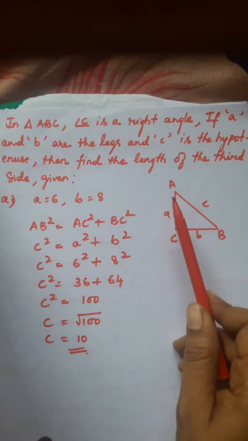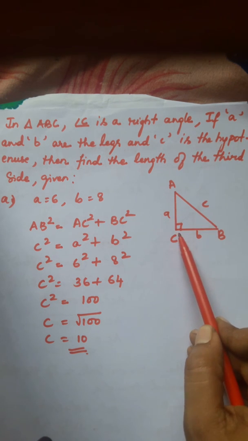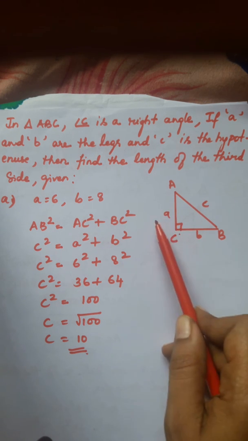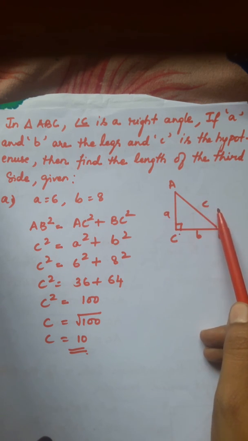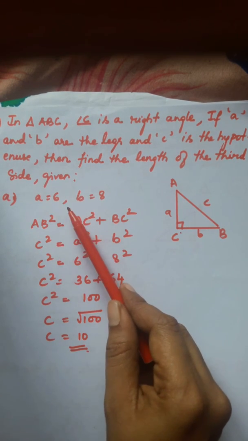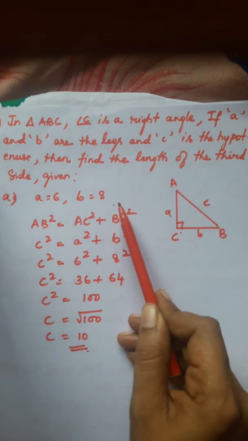In triangle ABC, angle C is a right angle, A and B are the legs, and C is the hypotenuse. In the first sum they have given A equal to 6 centimeter and B equal to 8 centimeter. So we have to find C.